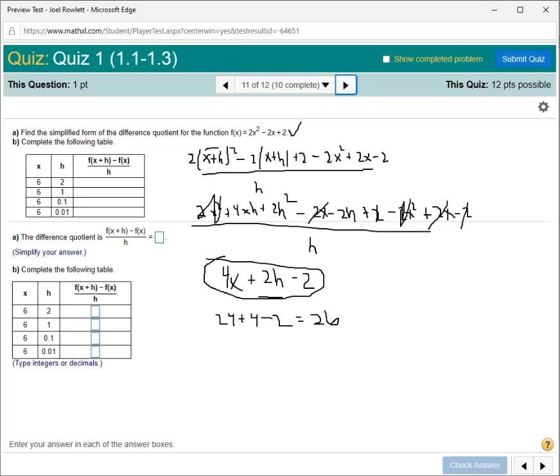And if we go to the second row, x is still 6, so that's going to give me 24. But this time, h is 1, and I'm going to add 2 times 1, which is 2. I'm still going to subtract 2, and that's 24.